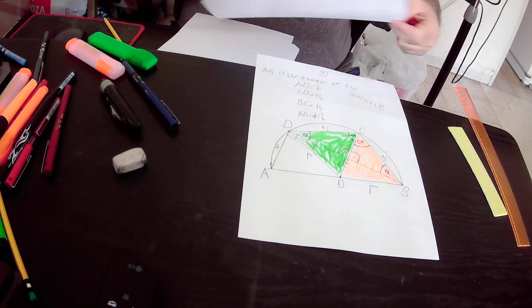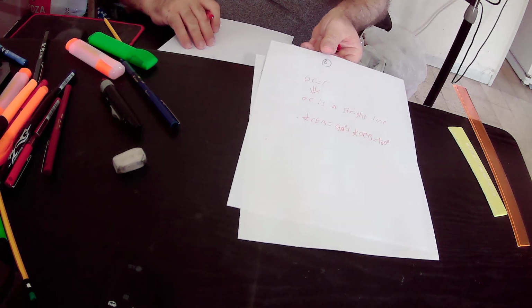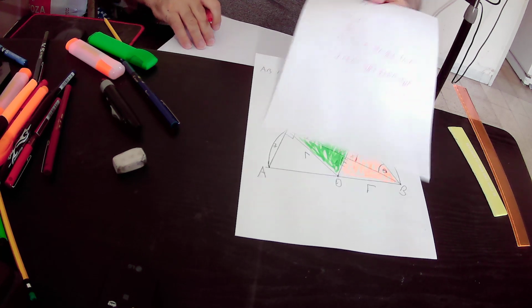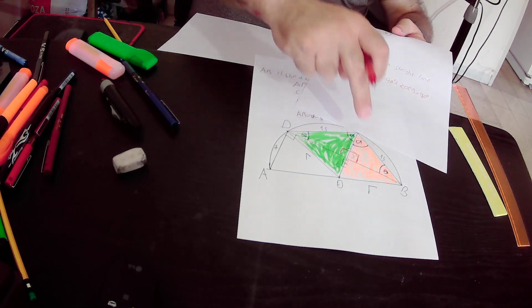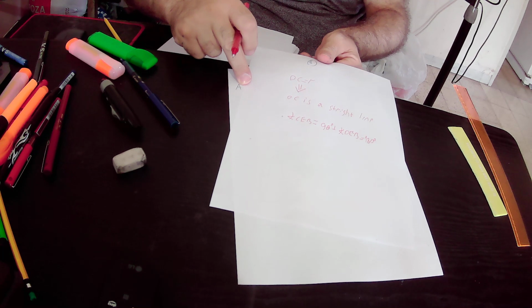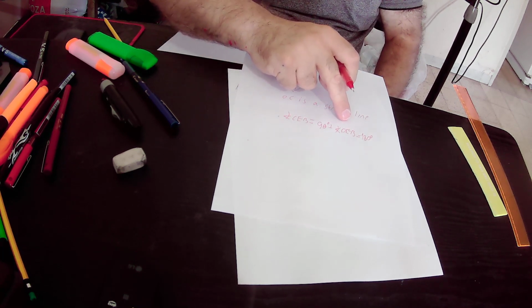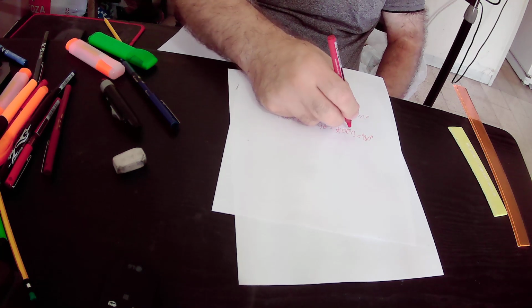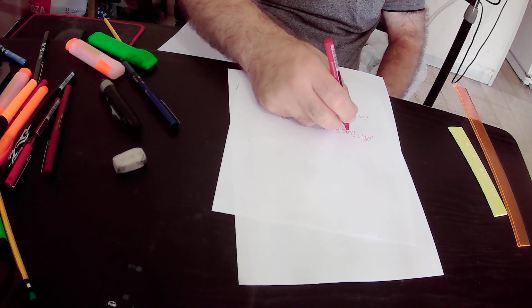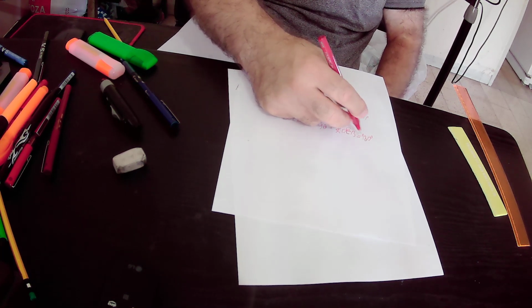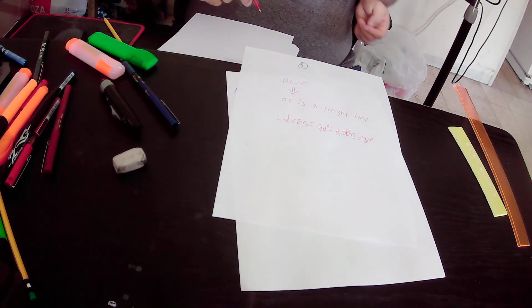Therefore angle CEB, which we found equals 90 degrees, plus angle OEB must be equal to 180 degrees.